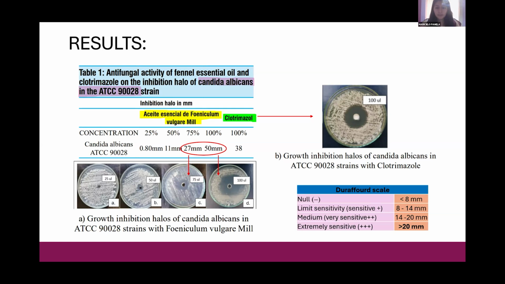It is also evident that antifungal activity increases as the concentration of Foeniculum vulgare Mill increases.